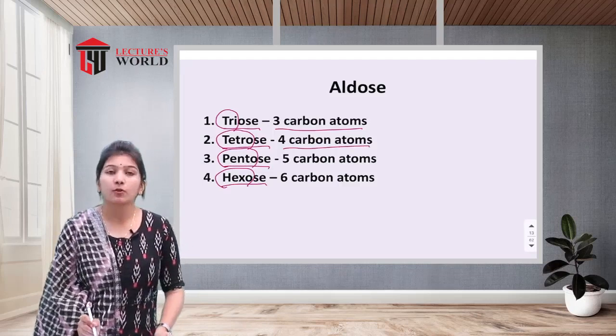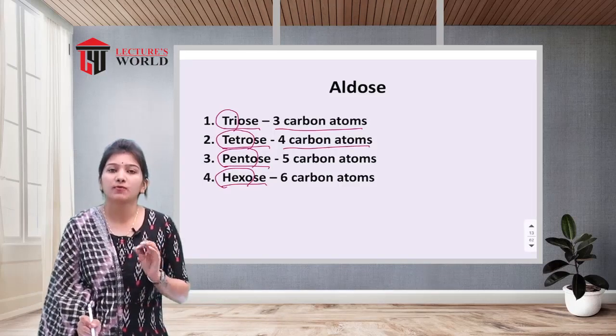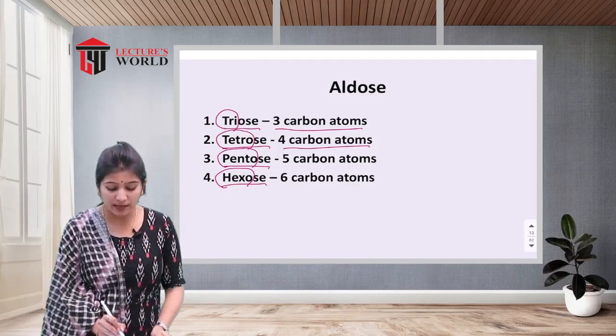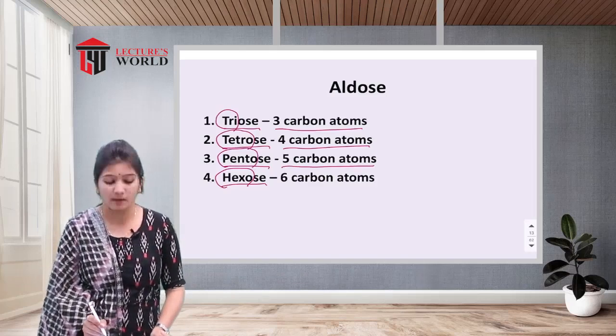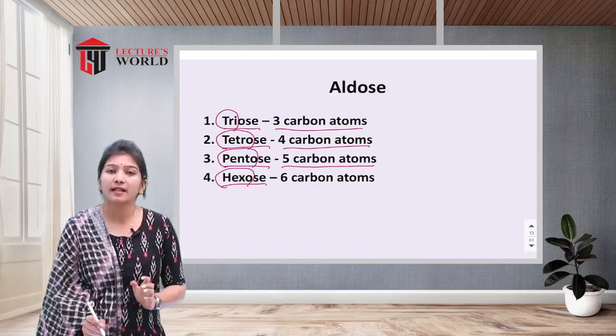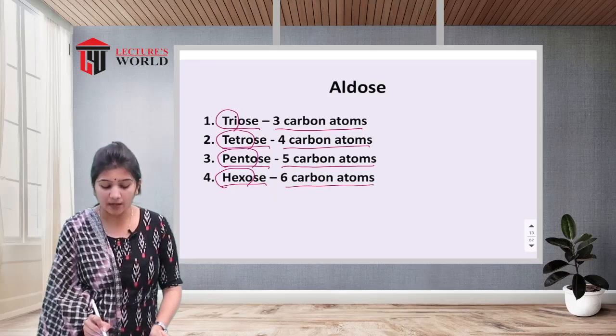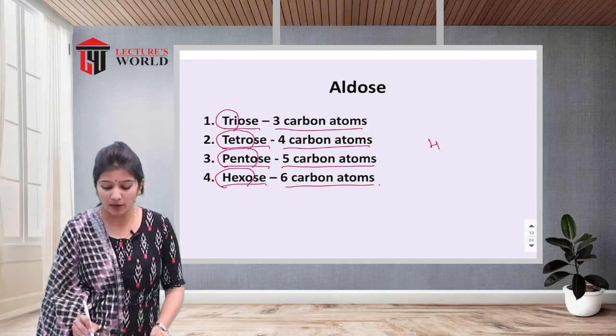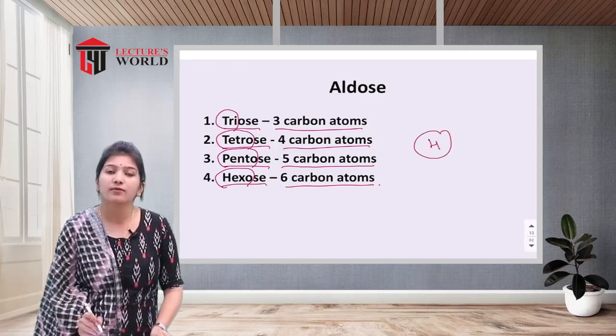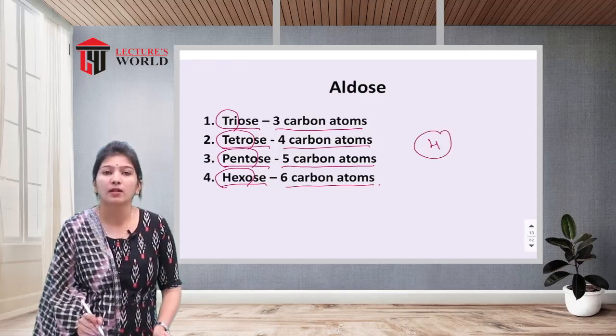Pentose means 5, so it contains 5 carbon atoms, and hexose, hexa, means 6, so hexose contains 6 carbon atoms. So aldoses have 4 types, each differentiated by the number of carbon atoms.